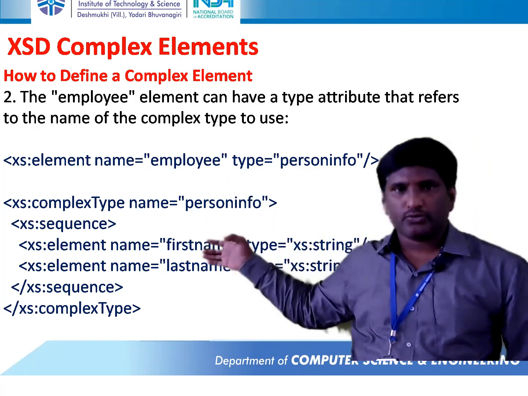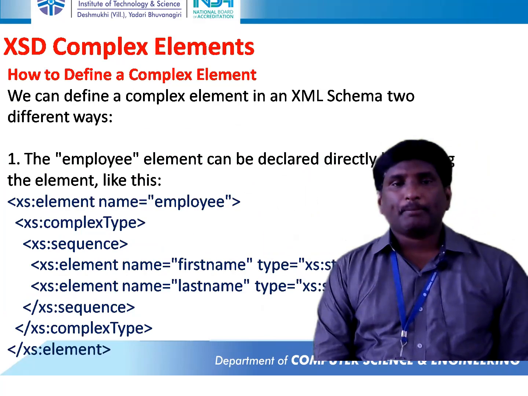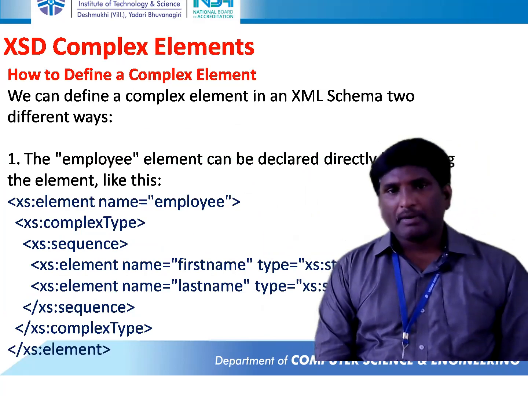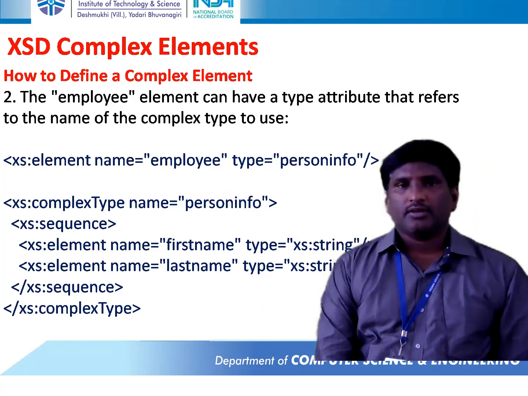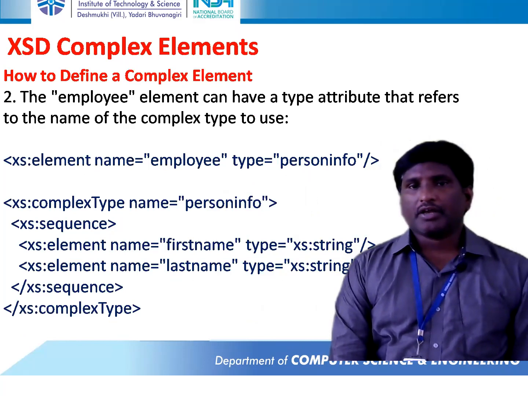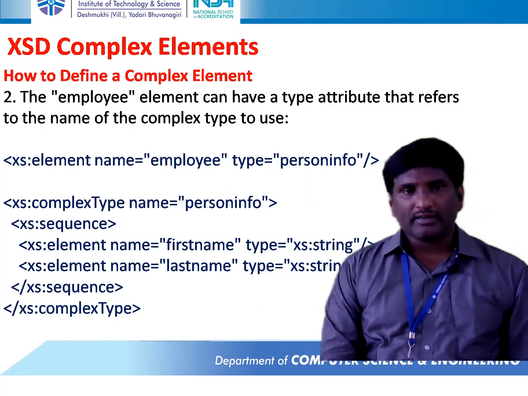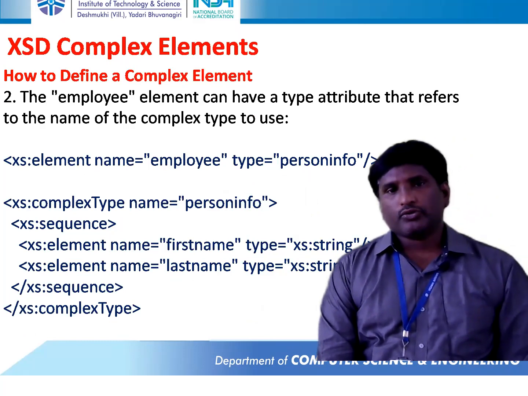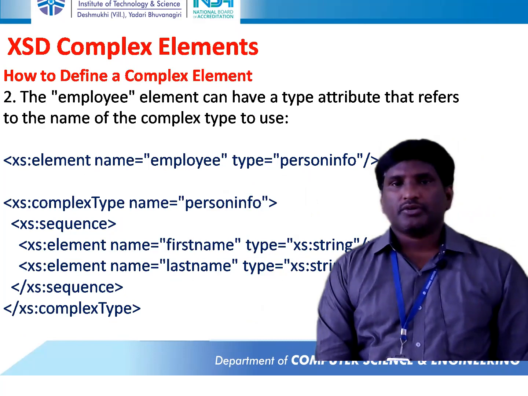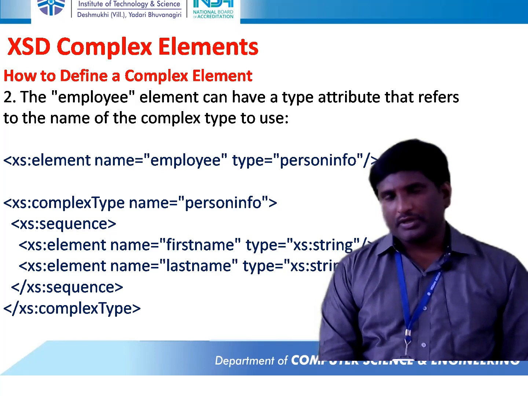Like this also we can use it. In the previous example, we straight away used employee as the name, but here we are using a reference through the type attribute for the element, personinfo. That reference we use by name personinfo, so that it will be applied to these two sub elements.